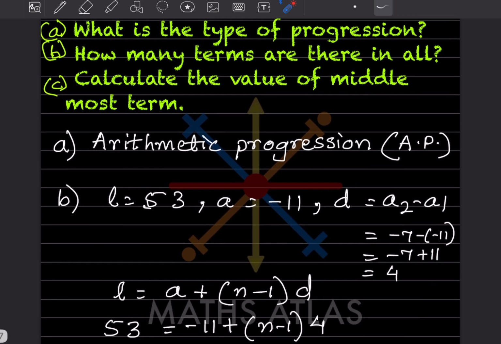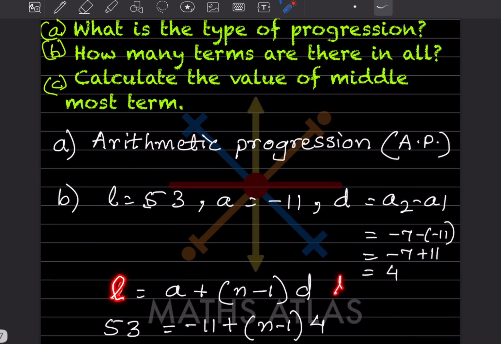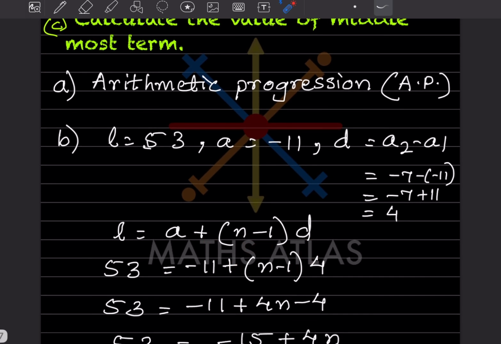Now we have to find this N. This is the formula: L is equal to A plus N minus 1 into D. So 53 is equal to A, which is minus 11, plus N minus 1 into D, because we want to find the value of N. So 53 is minus 11 plus 4n minus 4.